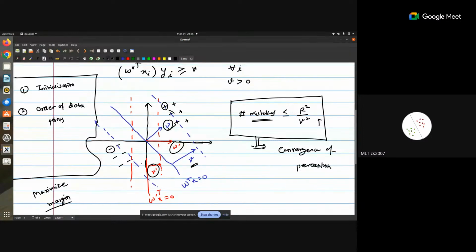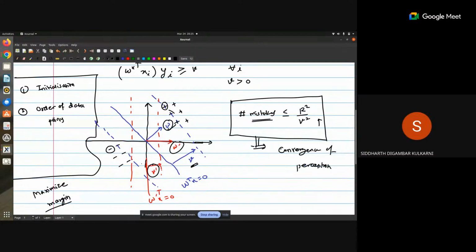Let's say I have made 5 mistakes, and you have made 4 mistakes. Are we both in the same set? Yes, because we are both satisfying the condition that the maximum number of mistakes is 10, even if I do 5 or you do 4. So anyway, we are getting some solution.